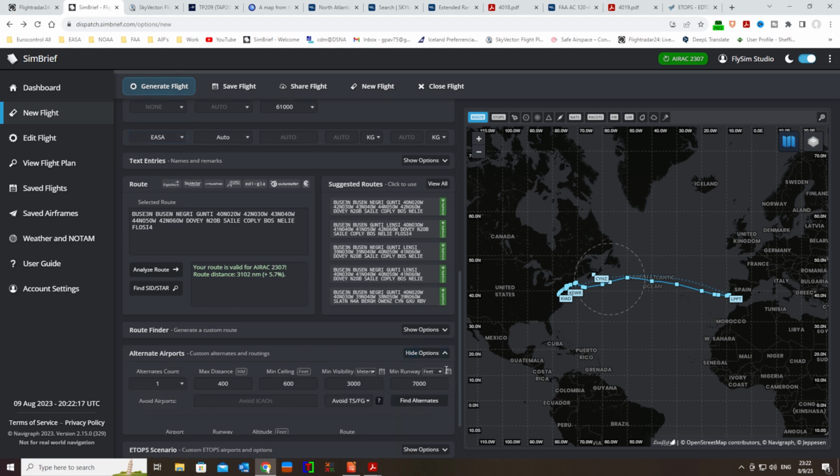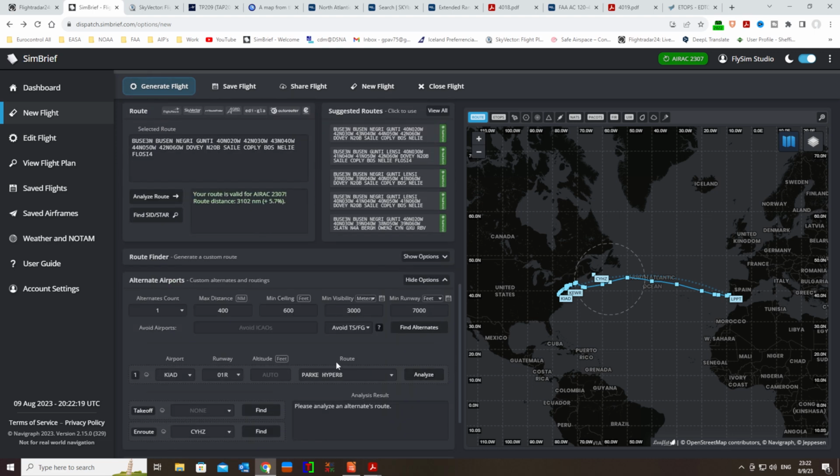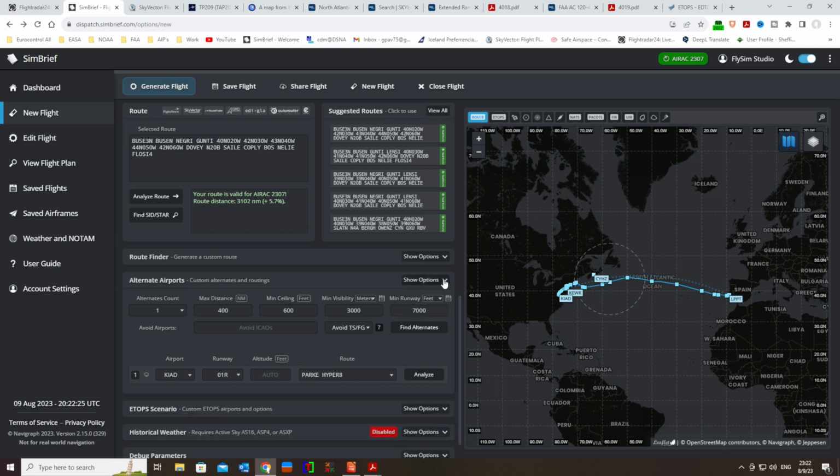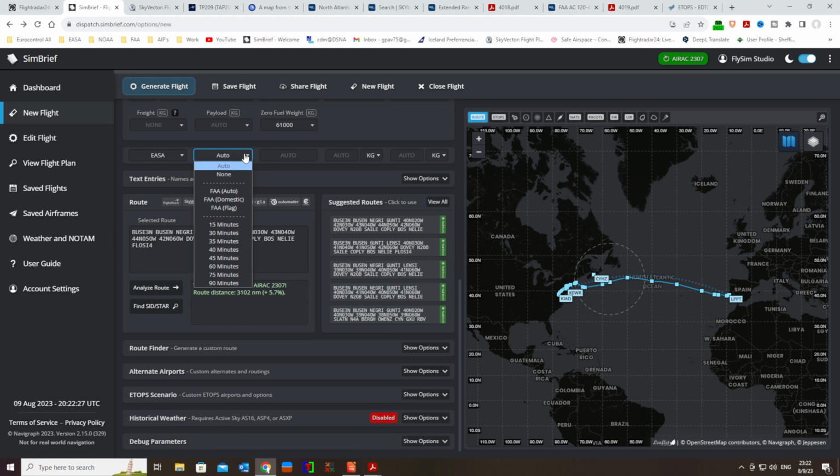Maybe here. Okay, we're going to do that later on. What is that? This is only for FAA, that goes for EASA. These are for extra fuel, I suppose. It doesn't say. Auto. I'm going to leave it as auto.